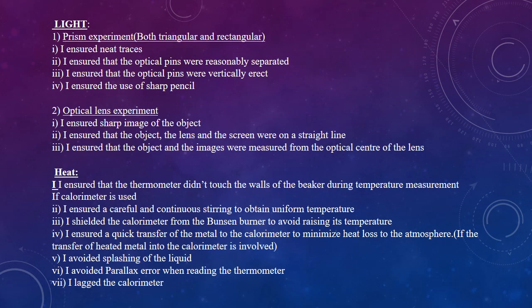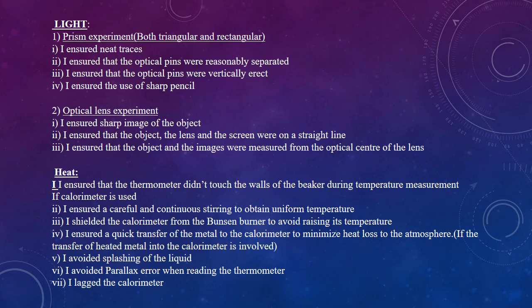In the case of an experiment that has to do with light, when students will be provided with mirrors, most times triangular or rectangular glass prisms, and lenses, you can see the precautions needed. When students are doing optics with lenses, or an experiment that has to do with heat, you can also see the precautions that will be suitable are provided here.